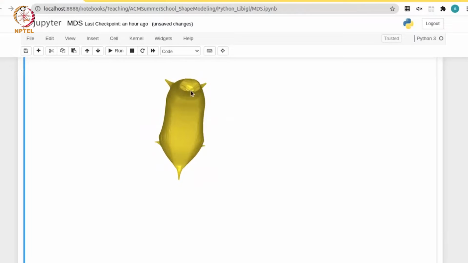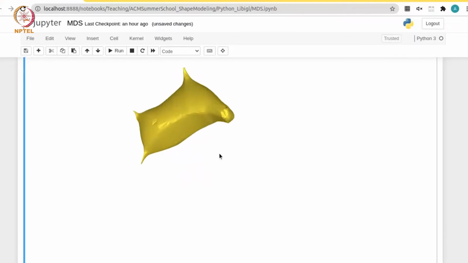These two depressions are the eyes. What's happening is you're essentially stretching out or straightening out the mesh as far as possible. By no means am I saying that the SVD method is the best, but you roughly get to see what it is doing. It's converting things into flat spaces as much as possible.